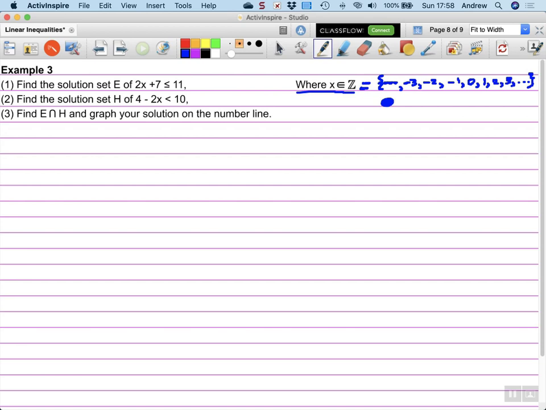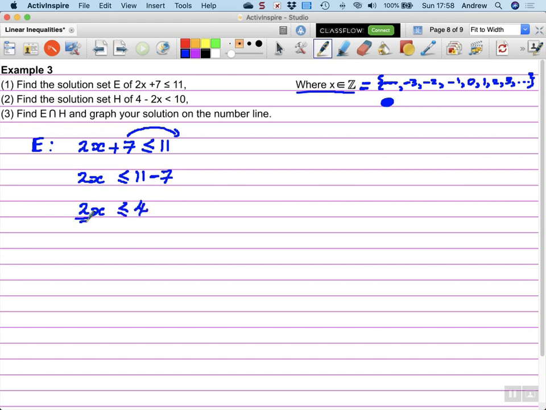Now looking at the set E. The set E reads 2x plus 7 is less than or equal to 11. The 7 is moving across, so therefore we are going to change its sign from +7 to -7. And then we're going to get 2x is less than or equal to 4.